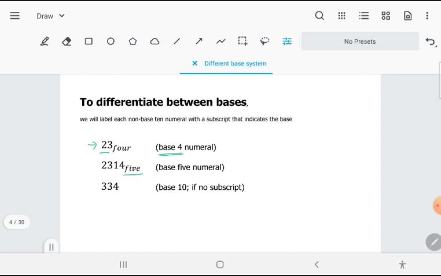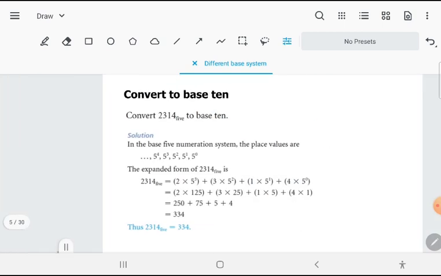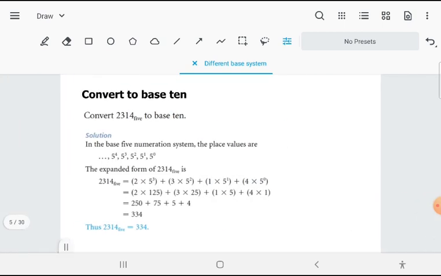When I put 5 in 2314 as a subscript, that means this numeral is base 5. Now, if you don't see any subscript after the numeral, that automatically means it is a base 10 numeral.